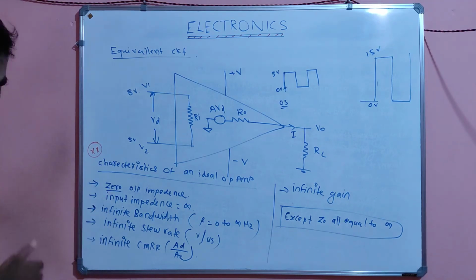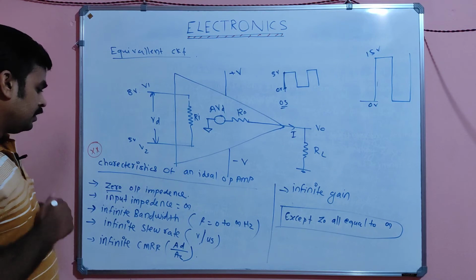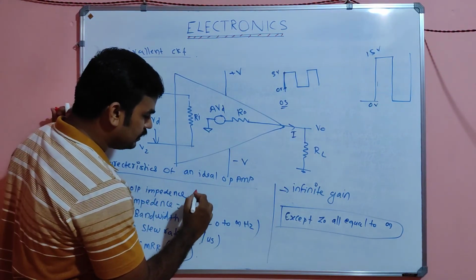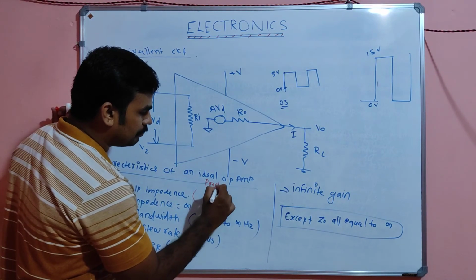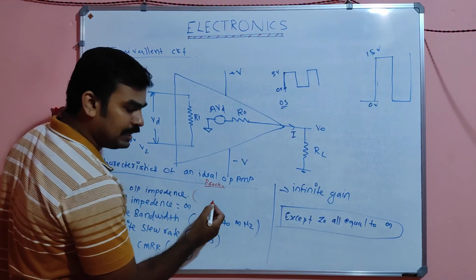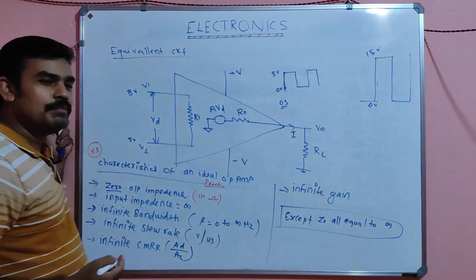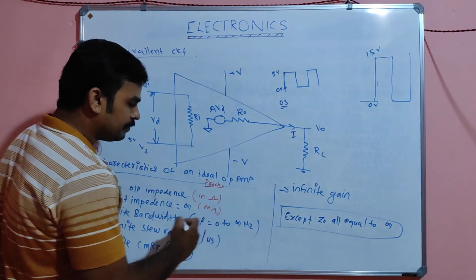But in practical cases, this is not exactly true. In a practical op-amp, 0 output impedance will not be there; the output impedance will be in ohms. Input impedance will be in the mega ohm range.